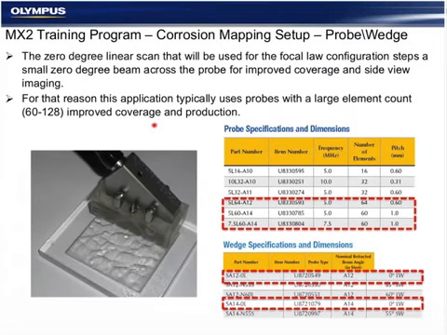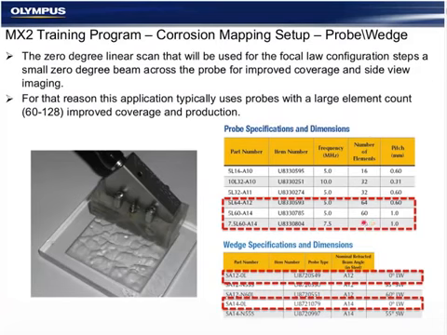The wedge associated with these are either a specialized water wedge or corrosion wedge, which you'll see later in the presentation, or a 0-degree linear wedge. For the probes in the catalog, all of the corrosion probes we're going to be using are typically 5 to 7 megahertz and a large element count. 60 or 64 elements are typical.